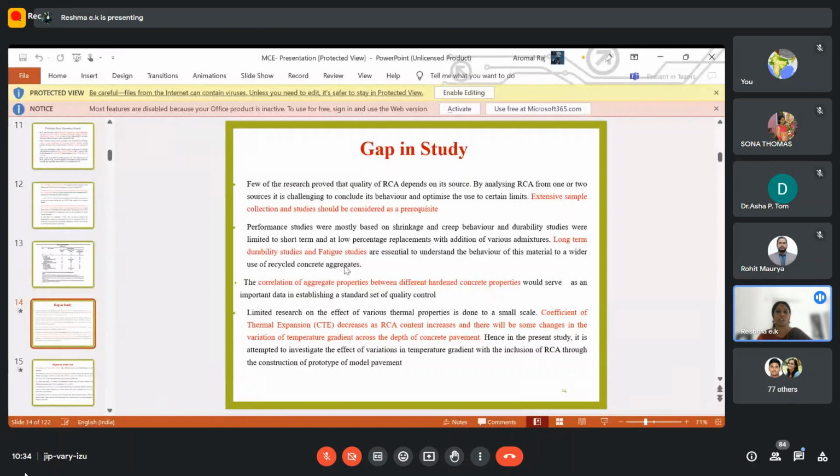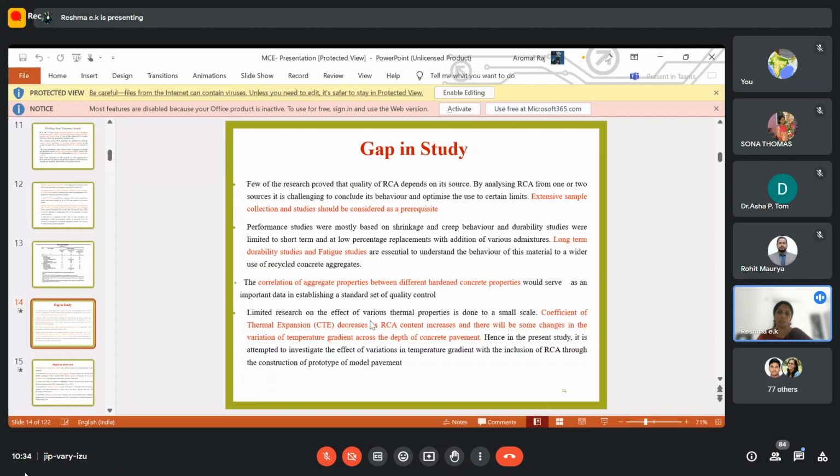Short-term durability studies have been conducted with respect to shrinkage and creep behavior. I wanted to do something related to long-term durability studies, especially fatigue studies, because fatigue studies are very important with respect to pavements. That is, what is the resistance to the number of repetitions of the load.